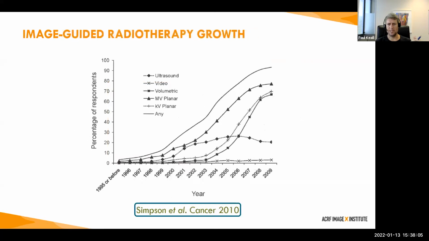So that was imaging before we treat the patient. If we're looking at imaging the patient every day during treatment, we see similarly a number of technologies being increasingly used, and again over half of centers are adopting additional technology in about a decade.